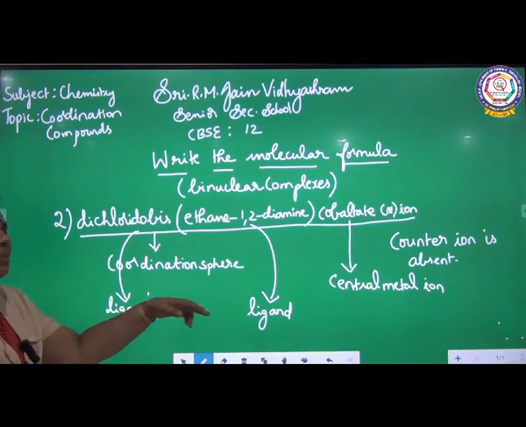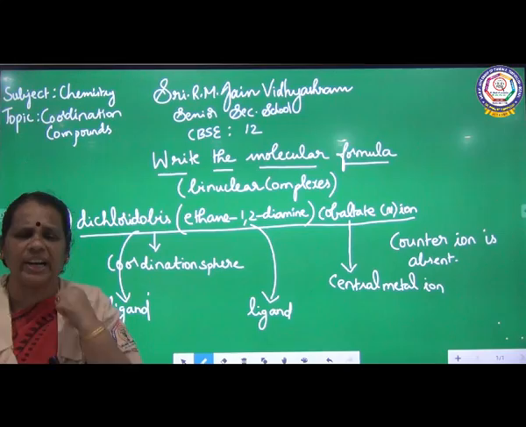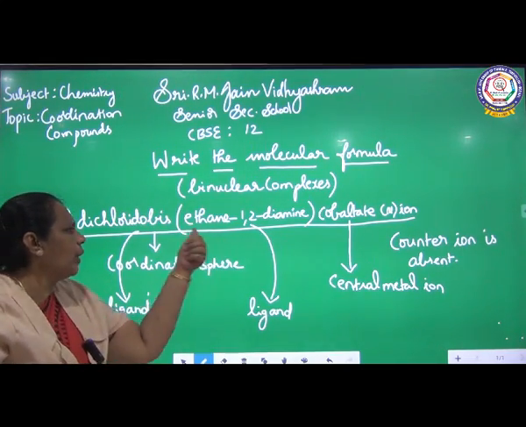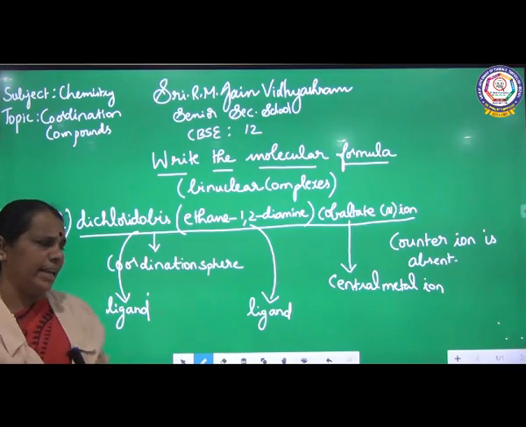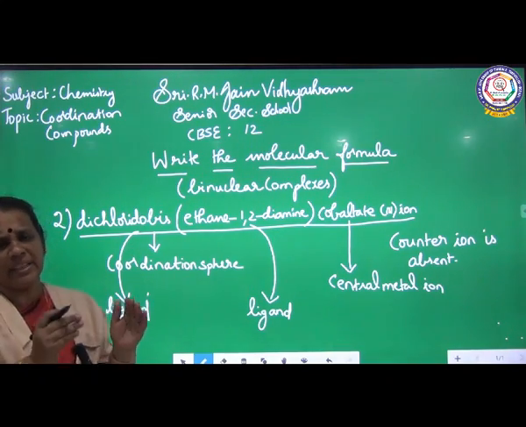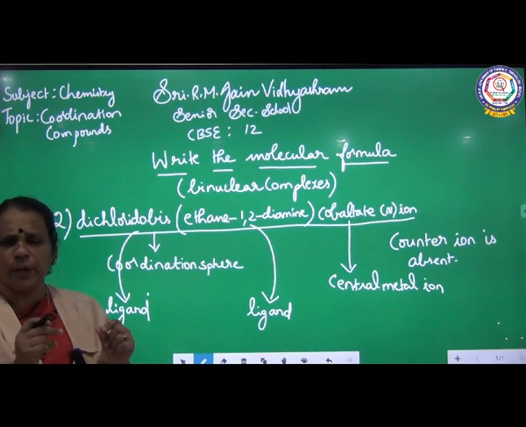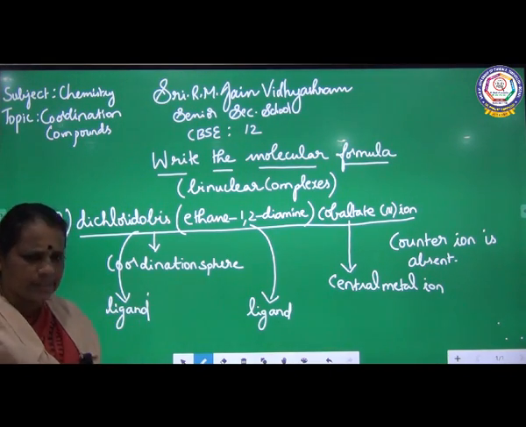So in the coordination entity, there are two different ligands. We are going to arrange the ligands along with the central metal ion, and see how we can write the molecular formula for this compound.